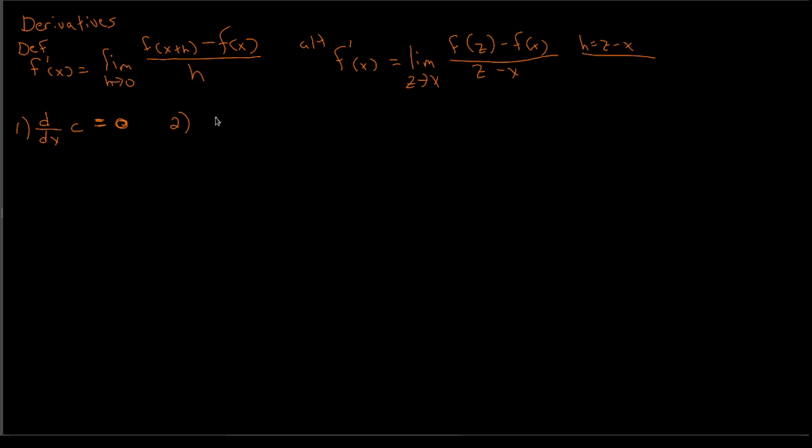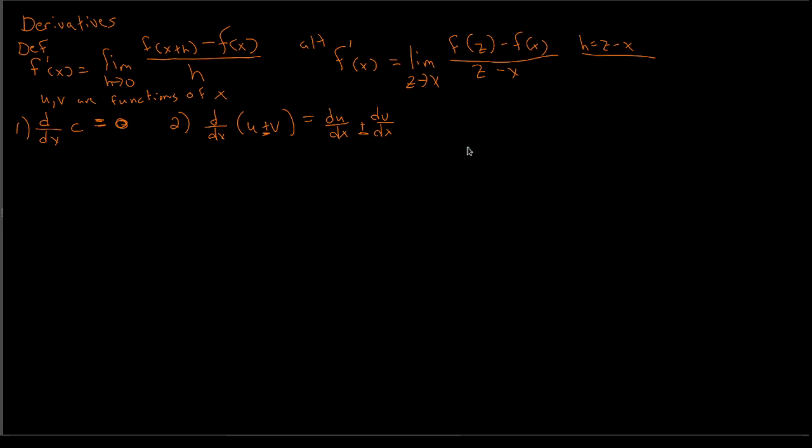We have the idea that if u and v are functions of x, then the derivative of the sum of two functions of x is equal to the sum of the derivatives. If we play around with it a little bit, we'll see that we can make the sum and the difference be the same.